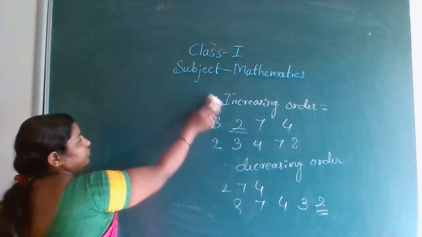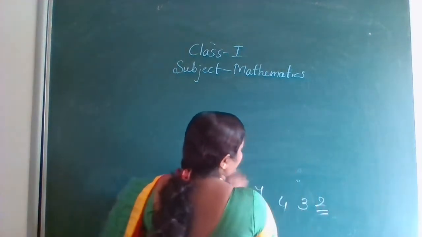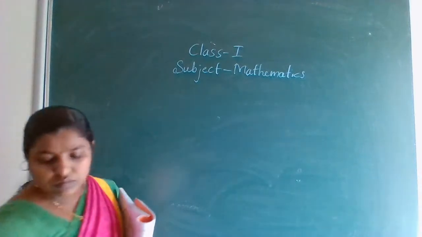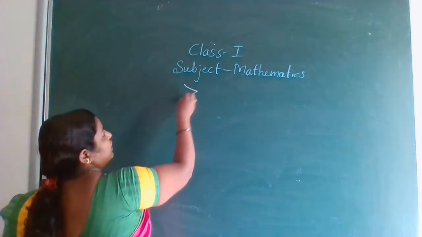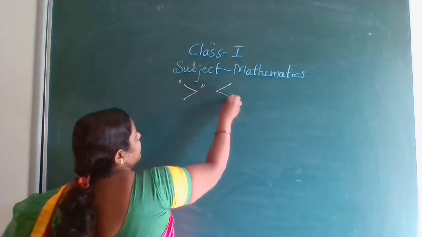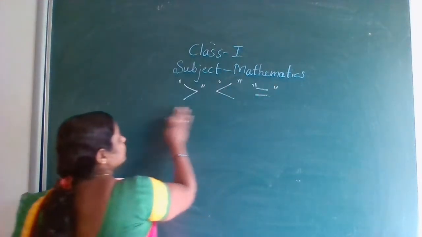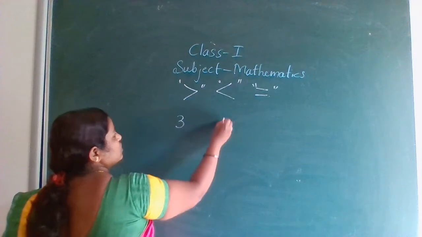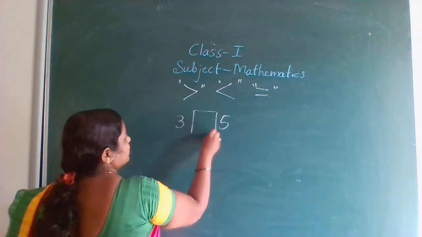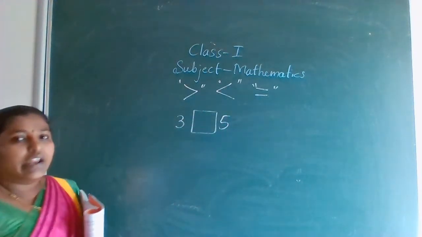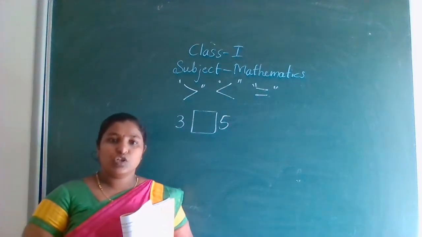Next, greater than, less than and equal to. Suppose 5 and 3. Greater than and less than symbols you should use.